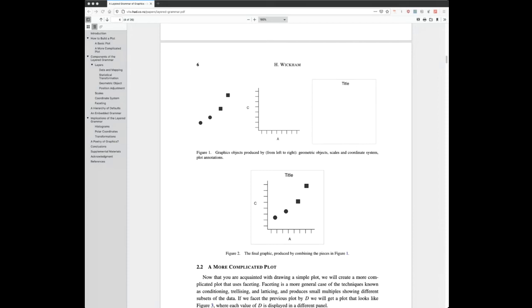So the circles each have a distinct value of A and a distinct value of C. Likewise, the squares have a distinct value of A and a distinct value of C. So together, the position of the geometries encodes a position in a coordinate system. And in this case, the coordinate system is just the Cartesian coordinate system, right? So there's some kind of square-based reckoning where every shape has a unique position in A and C.